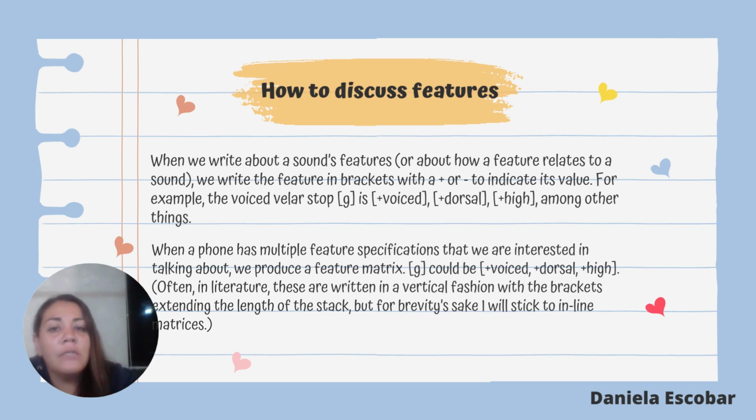When the sound has multiple feature specifications that we are interested in talking about, we produce a feature matrix. Could be voice, dorsal, and height. Often in the literature, these are written in a vertical fashion with the brackets extending the length of the stack, but the bracketed stacks will stick in the matrices.